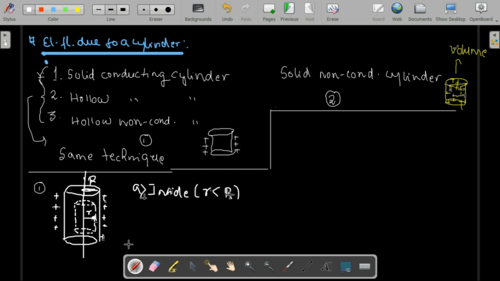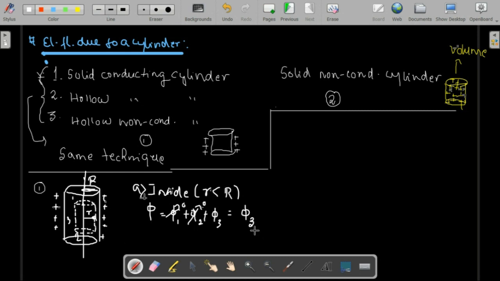If you look at the Gaussian surface, there are three surfaces: first, second and third. The flux is across the first, second and third surface. I'm not repeating this. We know that phi 1 is 0 and phi 2 is 0; the only thing that survives is phi 3.